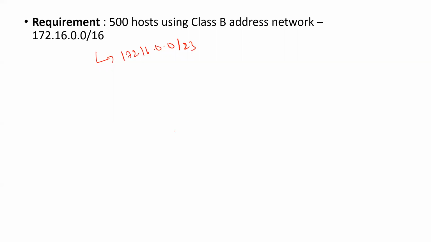The starting IP address is 172.16.0.1 to 172.16.1.255. This is how we will get it. Here we have 255, again 255, and 512 is coming now. So that's why we have the range.